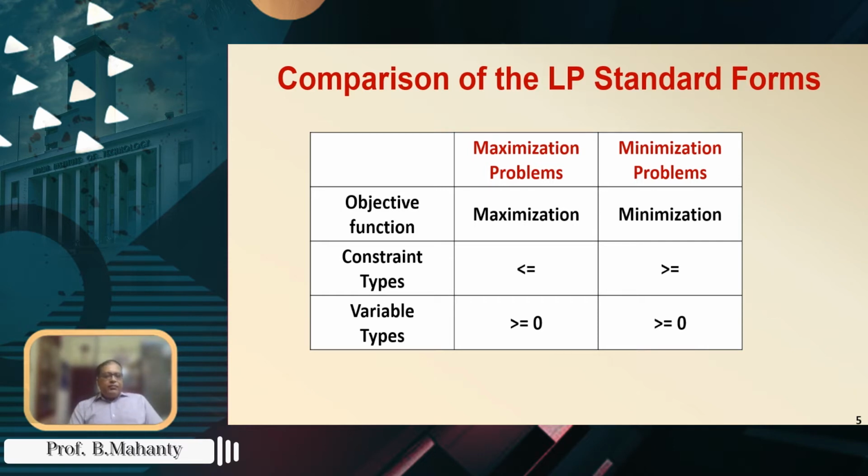And the variable type is greater than or equal to 0 on both sides. So the difference is the objective function is different, constraint types are also different. However, the variable types are the same.